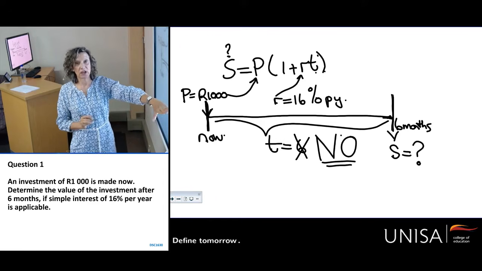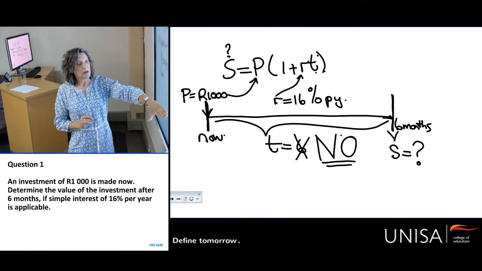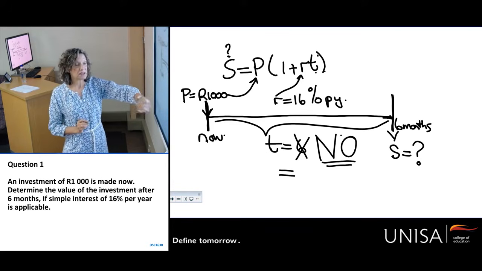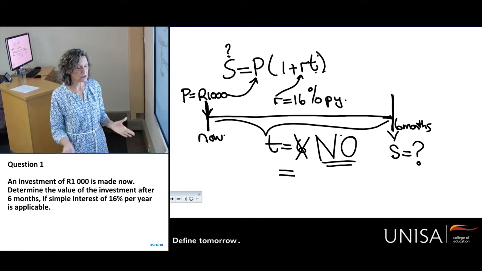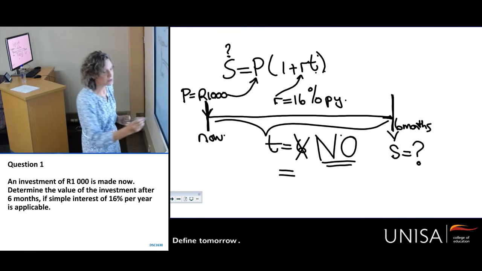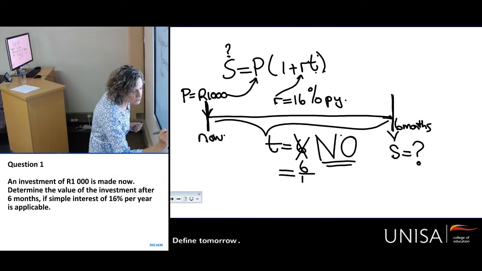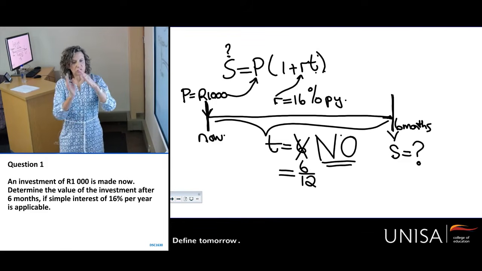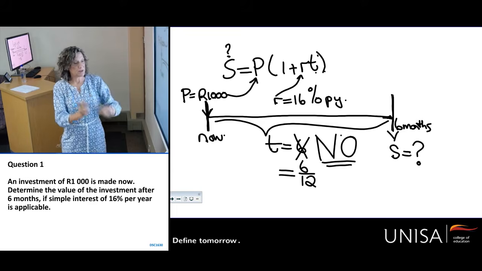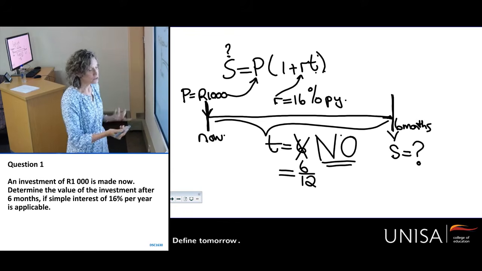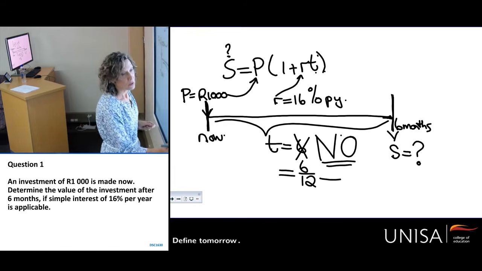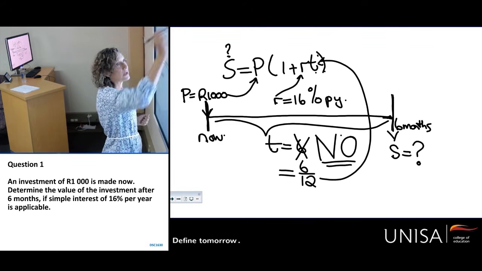So we need to change months to years. 6 months is a fraction of a total year of 12 months, so it's 6 over 12. Why 12? Because there's 12 months in 1 year, and we're just working with 6 pieces, so it's 6 over 12, or a half if you want to work with that. So there we know what our T value is.